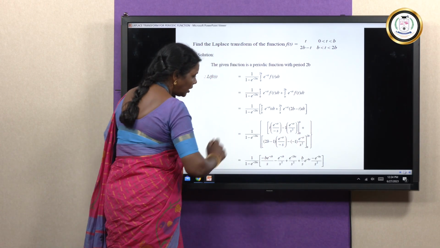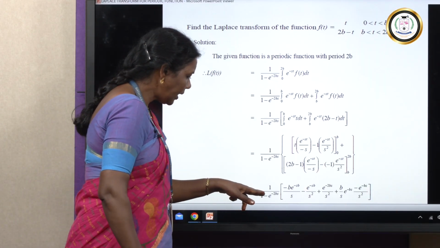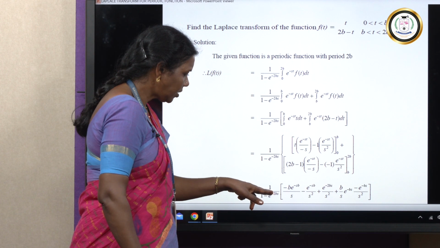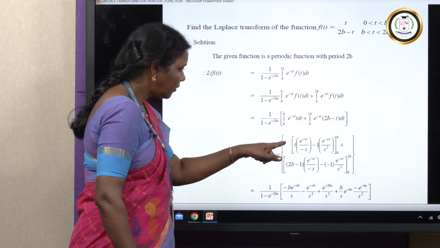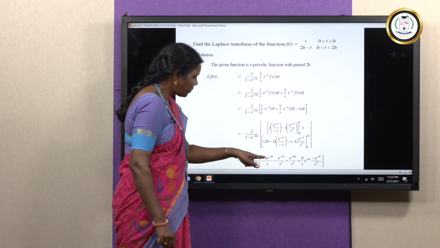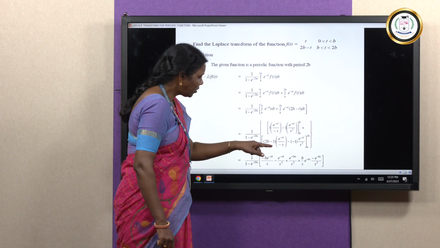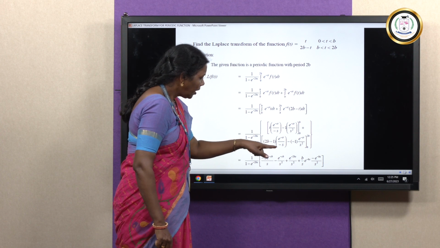Now we are going to substitute the limits. So outside we have 1 by 1 minus e power minus 2bs as it is. Substituting the upper limit for t, it is minus b e power minus sb by s, and for the second term, minus e power minus sb by s squared. Now we are going to substitute the lower limit.